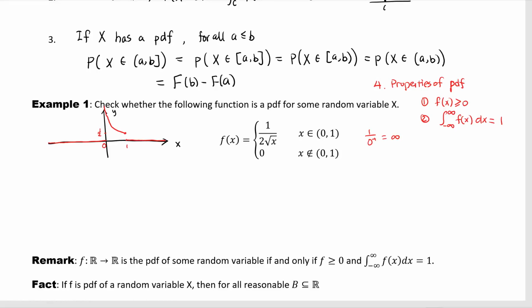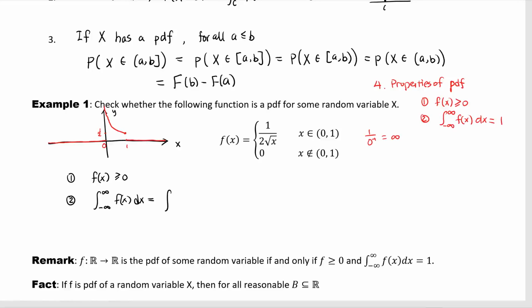So how do we verify it is a PDF? Let's check whether it satisfies the properties of PDF. First, you can see from the picture that f(x) is greater than or equal to 0. That's obvious. Second, we want to integrate from minus infinity to infinity of f(x) dx.